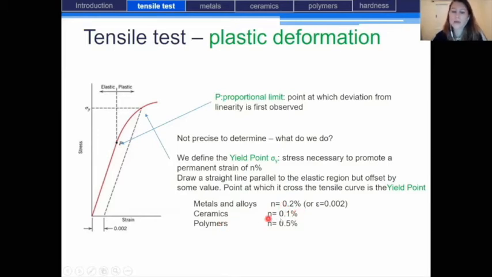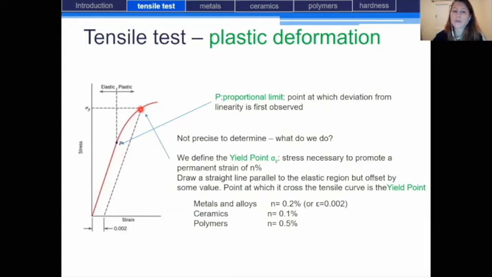For ceramics, 0.1%, and for polymers, 0.5%. Then, on the graph, you will determine this n% strain, and you will draw a straight line parallel to the elastic region, and the intersection point between this straight line and the tensile curve will be the yield point.